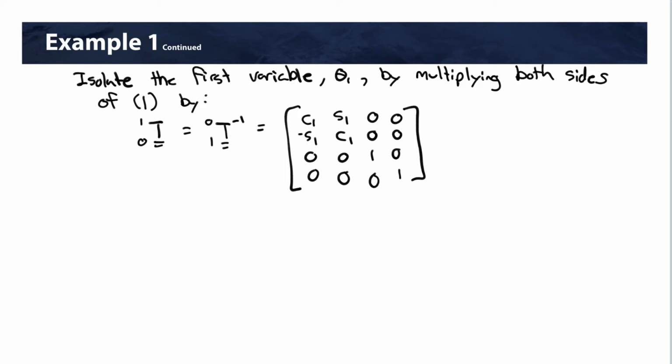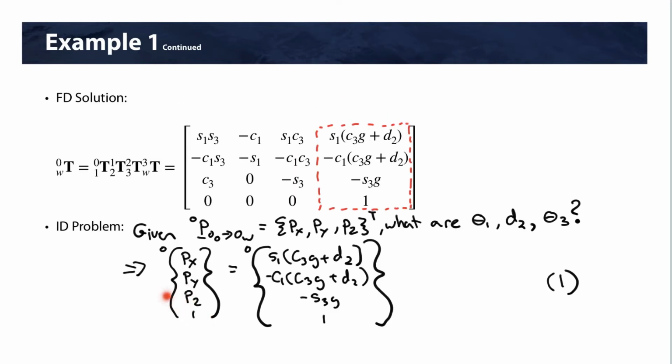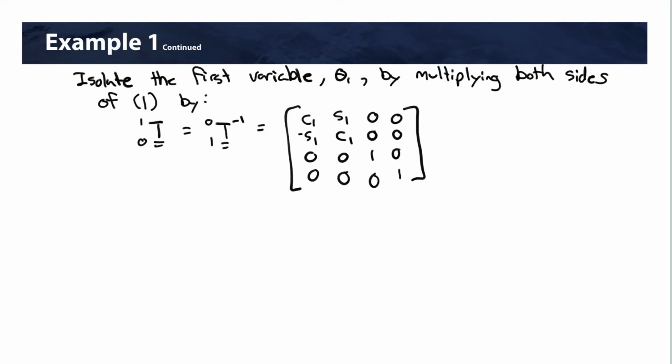Now we're going to multiply this matrix on both sides of equation 1 here, and if you do that, you'll get the following.